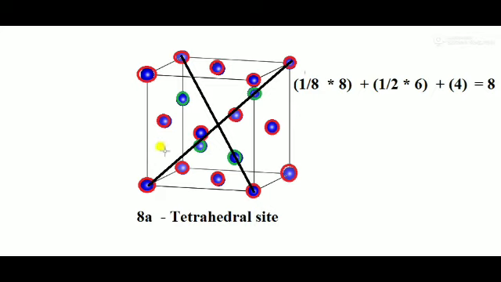Now let me draw one more diagonal from this to this one. So it will cut like this. Okay. So again this atom present here looks like it is at 1 by 4th of the diagonal.